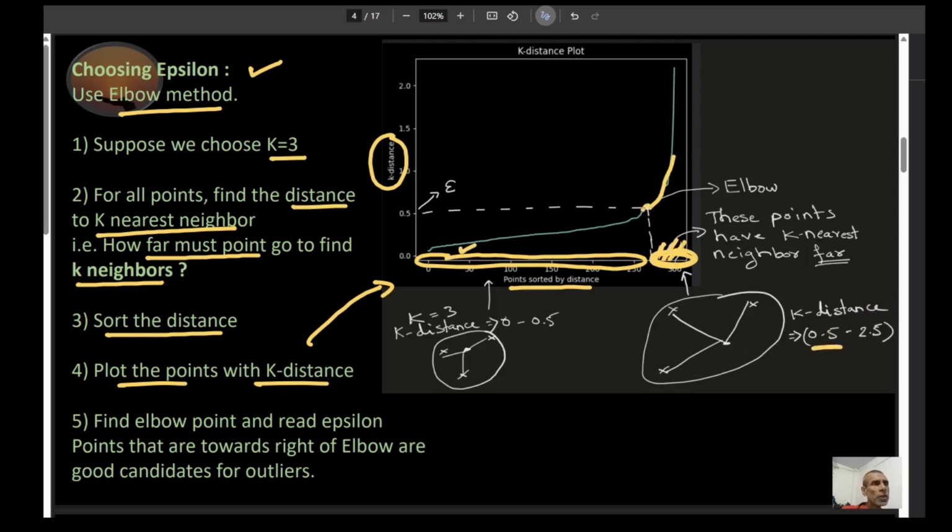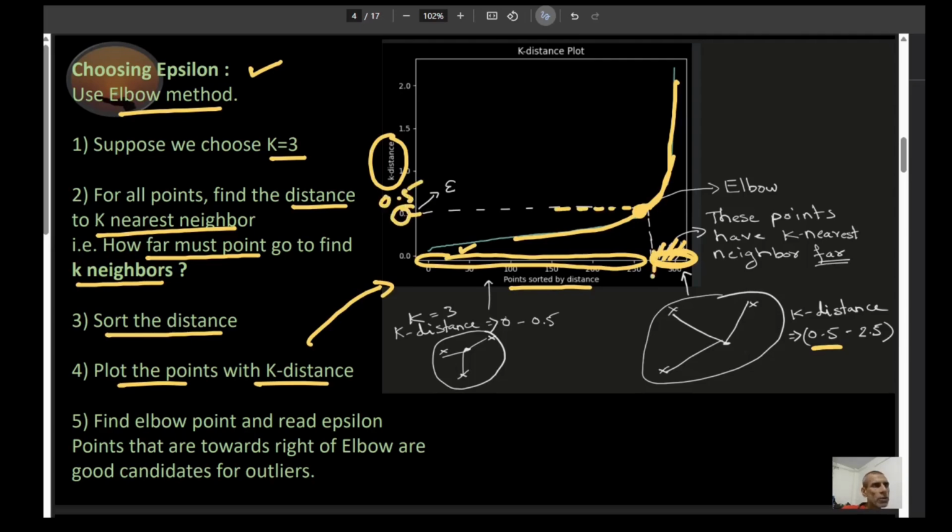Because this right here is my elbow. If you look at this graph, look at this curve right here, it goes like this. If you just take a look at it, I would say my elbow falls over here. So you just come this way and you look at this value, and this one is 0.5. So this is my elbow. Let me just write over here 0.5.